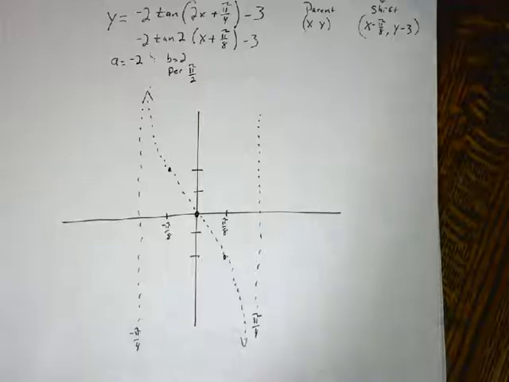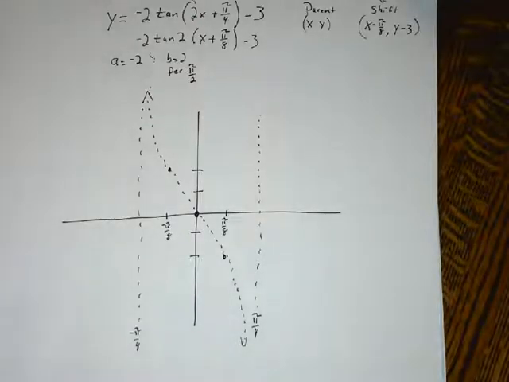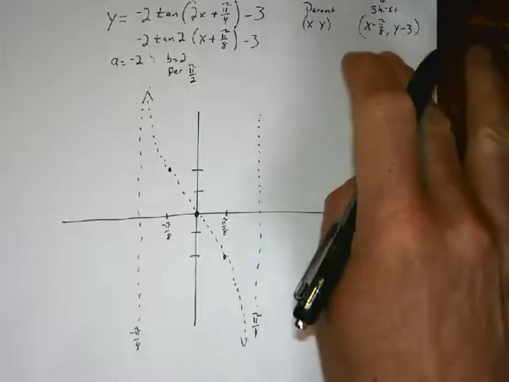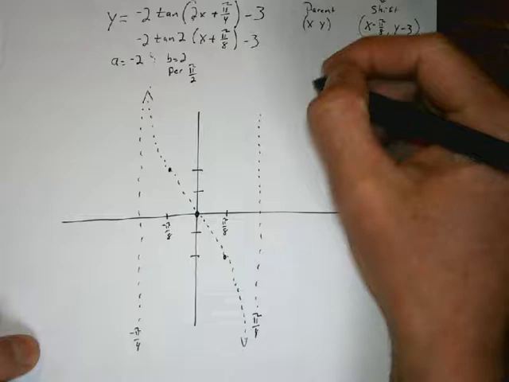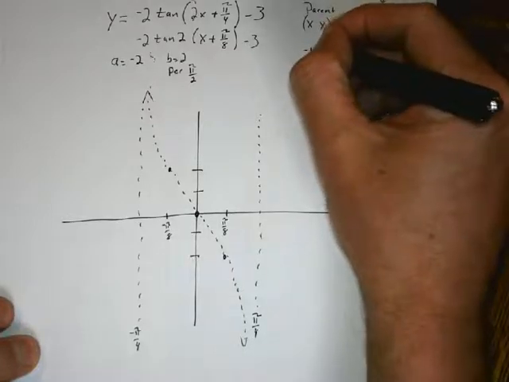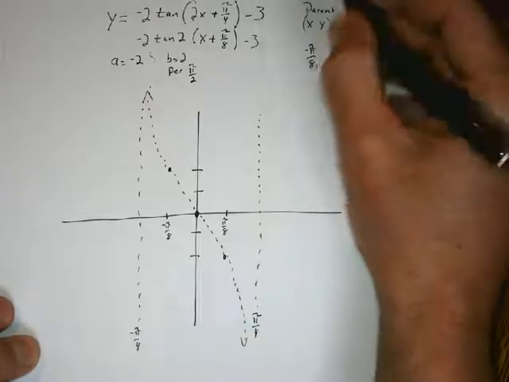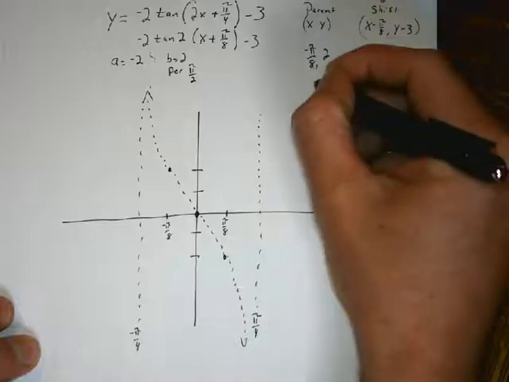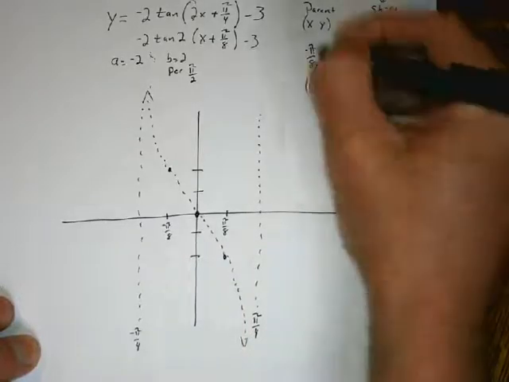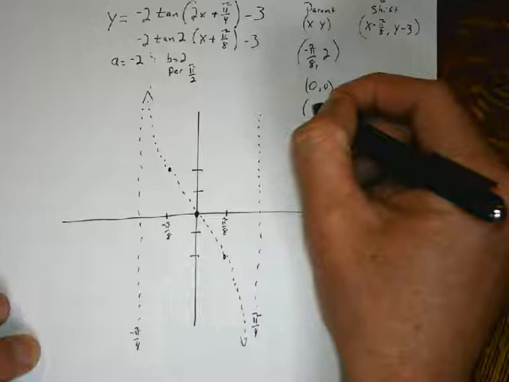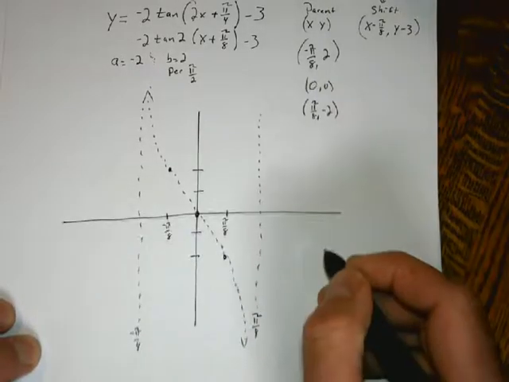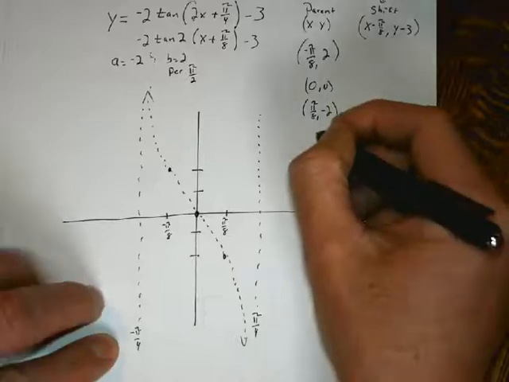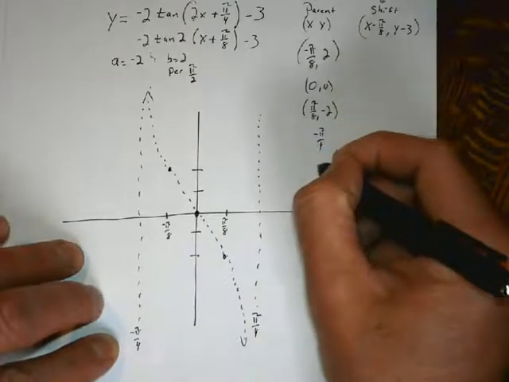Now, this is where writing our ordered pairs in the same order every single time is going to make things so much easier when we have to list out our shifted ordered pairs. So working from left to right, my first ordered pair was at negative pi over 8, comma 2, then 0, 0, and then pi over 8, negative 2. Our 2 asymptotes get listed next at negative pi over 4 and positive pi over 4.